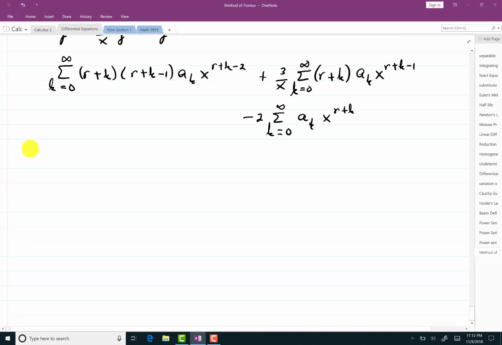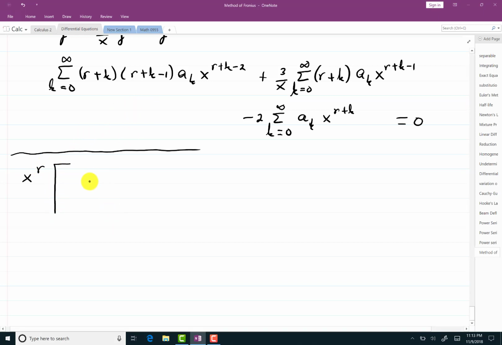And let's do our usual stuff to get the indicial equation. Here I'm going to, as usual, pull out x to the r. This is all equal to 0. That will leave me with r plus k times r plus k minus 1, a sub k, x to the k minus 2.